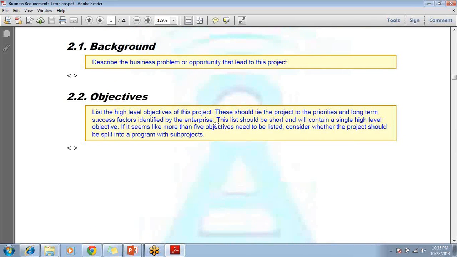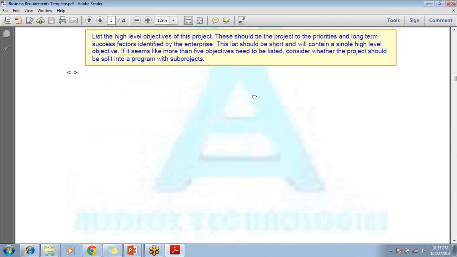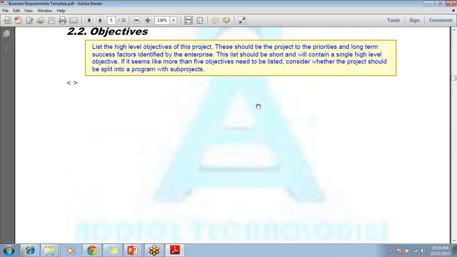That's how you correlate. So a little essence of the objective needs to be in the executive summary. It's very important because the executive summary is for people like the CEO, CFO, senior director. They don't read the entire business requirement document, they just read the executive summary.